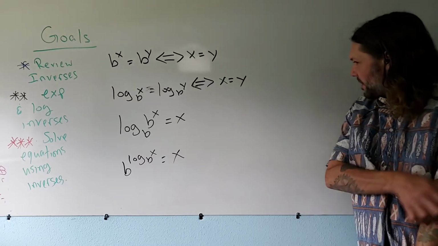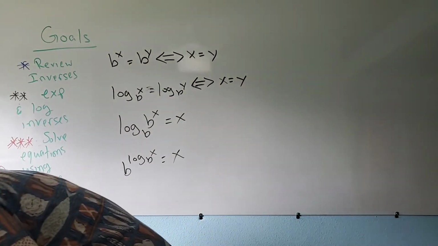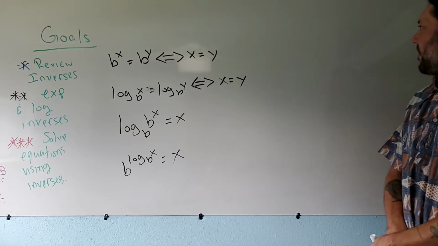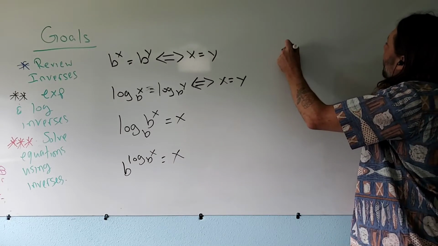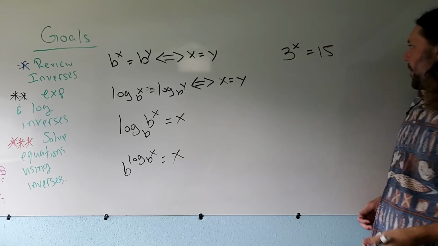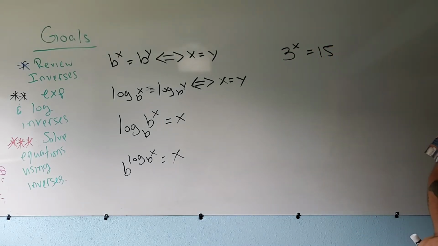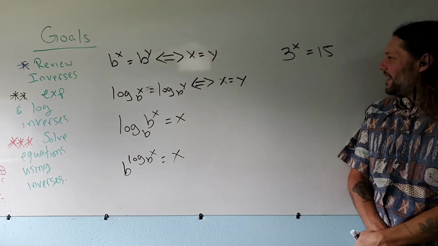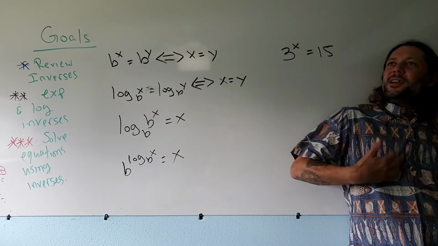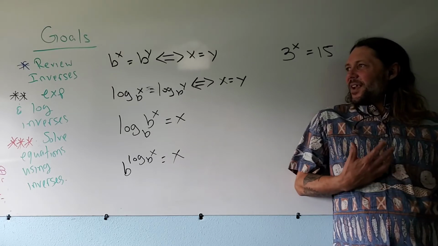Okay, and so I'm going to write a simple little equation here. Let's say I give you something that looks like, oh, I don't know, 3 to the x equals 15. Alright, so again, this is such an overkill problem because you're going to be doing things that you don't need to do.